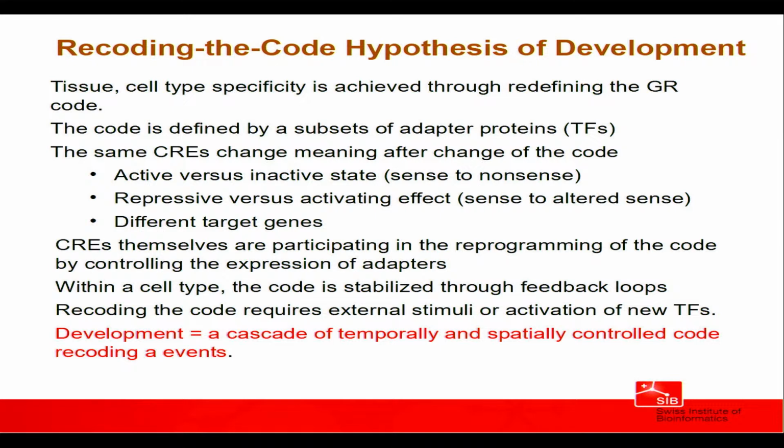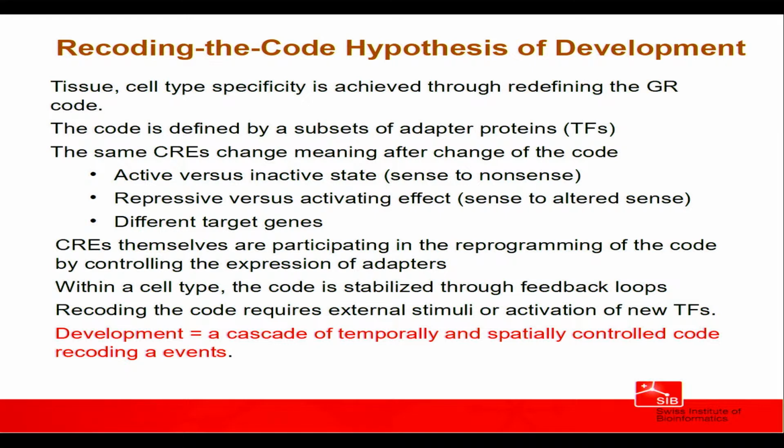Now, it is important to understand the CREs must themselves participate in the code recoding, in that they are at the origin of activating and repressing new genes, and once these new transcription factors are present, they must work in the proper way.